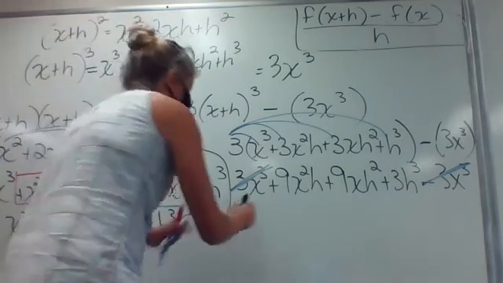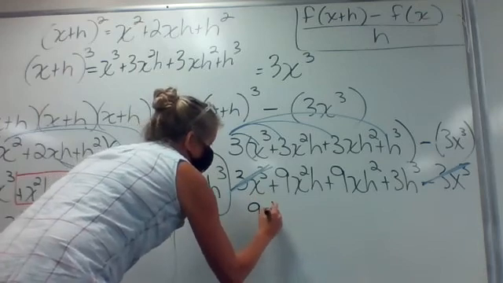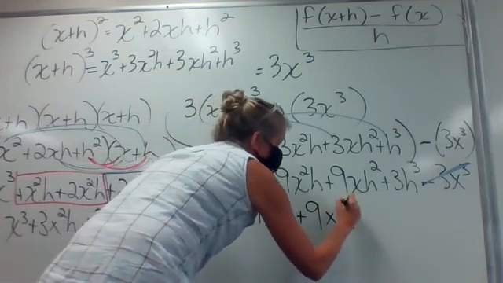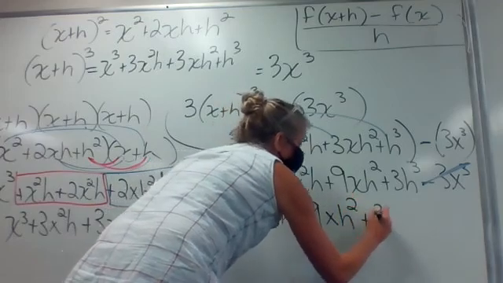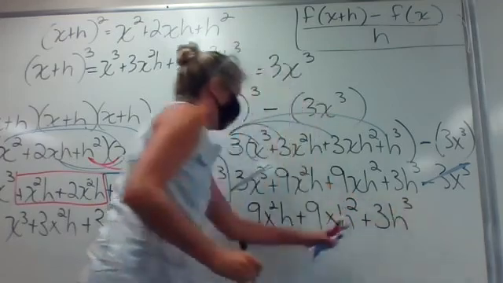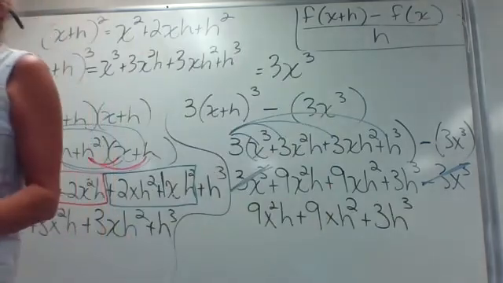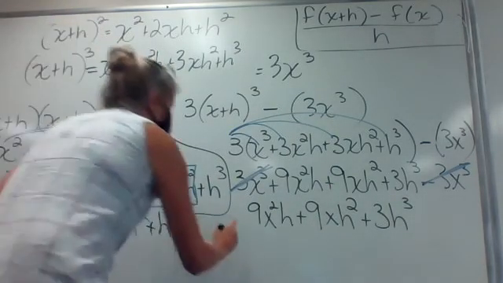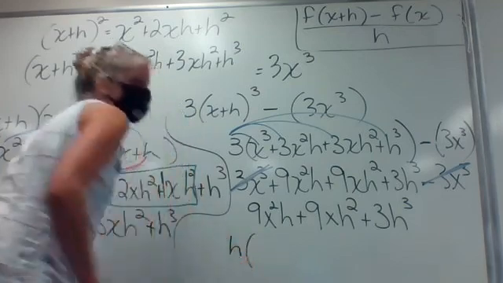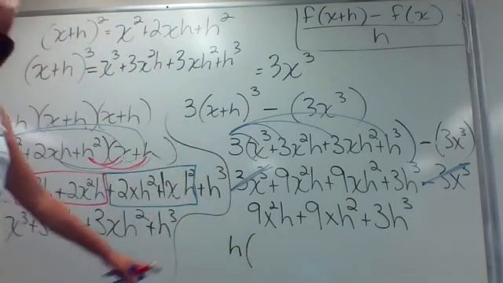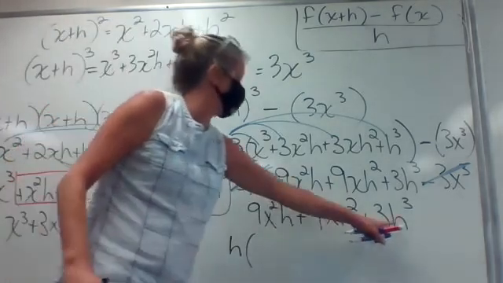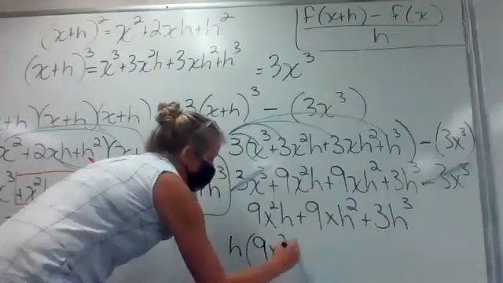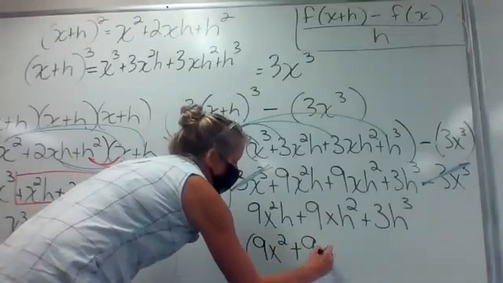So what do we have left? We've got 9x squared h plus 9x h squared plus 3h to the third. So once again, they all have h's. So pull the h out. Put in parentheses what's left if you remove an h from all three of these terms. So this one will just be 9x squared plus 9x.